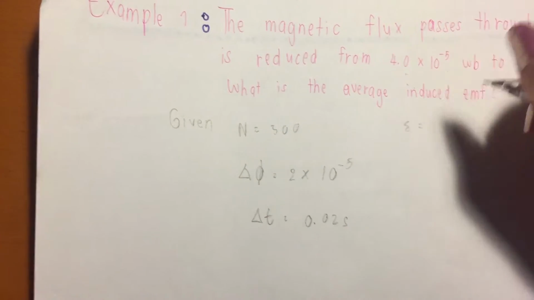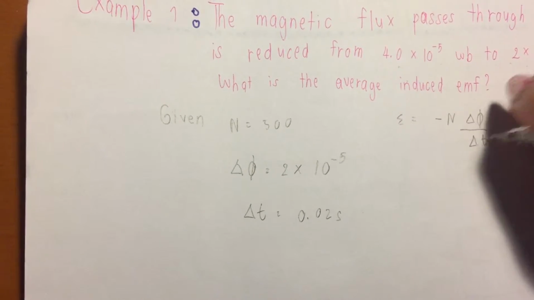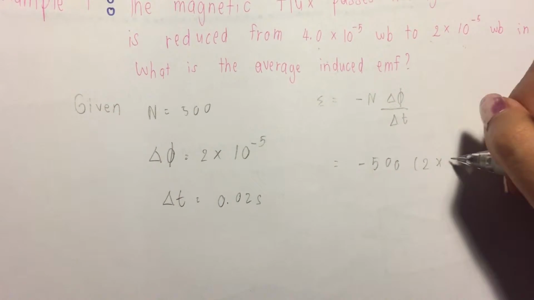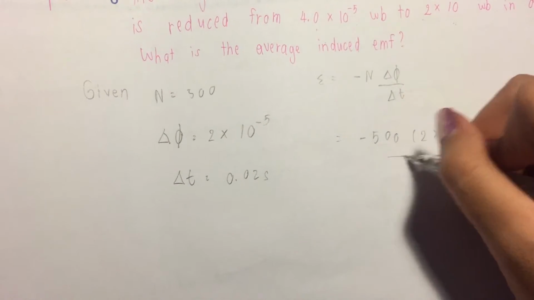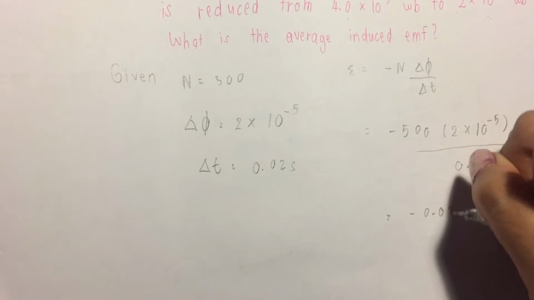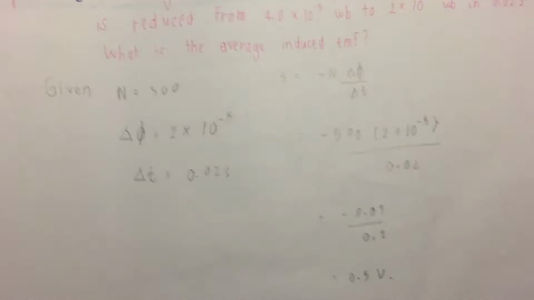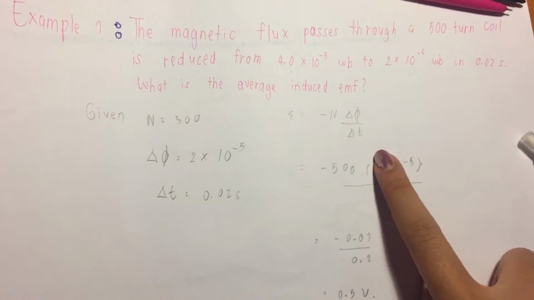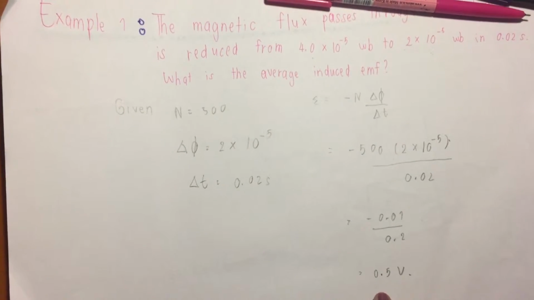So we will use the given values in the formula. And when we have finished calculating, we've got 0.5 volt.